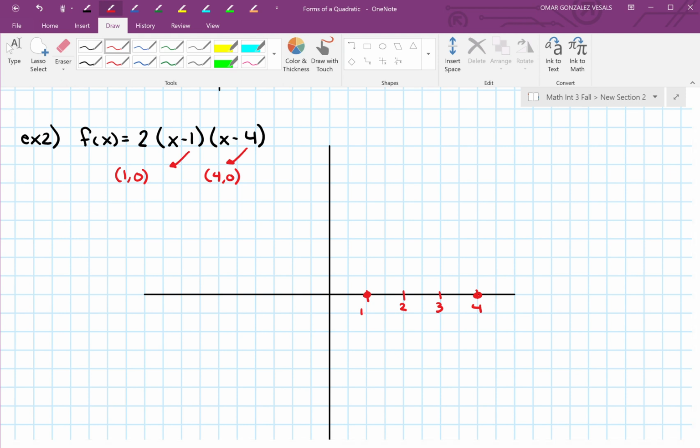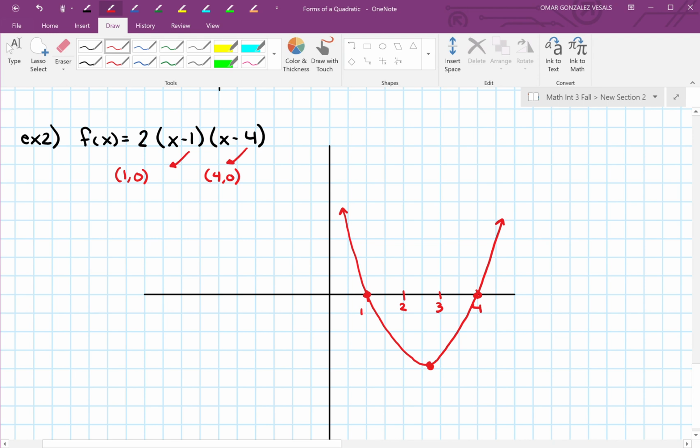If it opens up, then that means my vertex has to be above or below the x-intercepts. Where's my vertex going to be found? Below it, right? Now I have no idea where it is, so I'm just going to take a guess. And there's your graph. Why is the vertex going down?